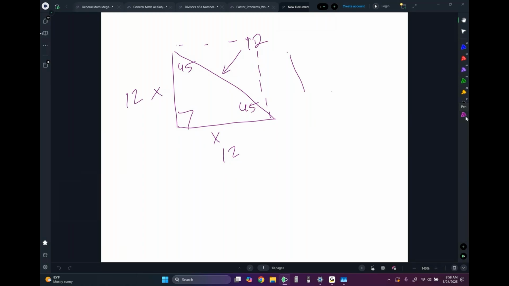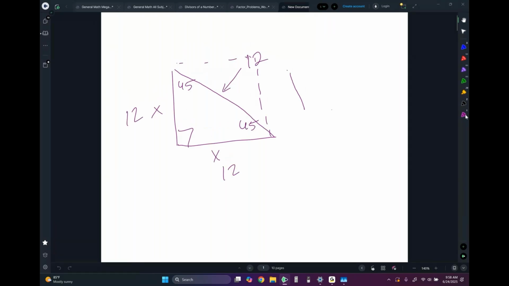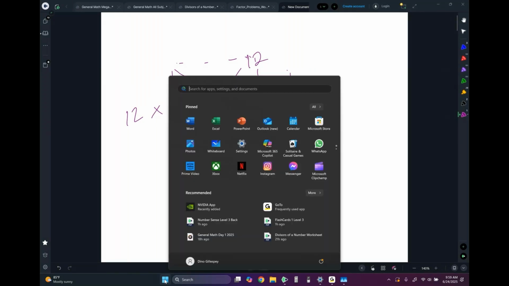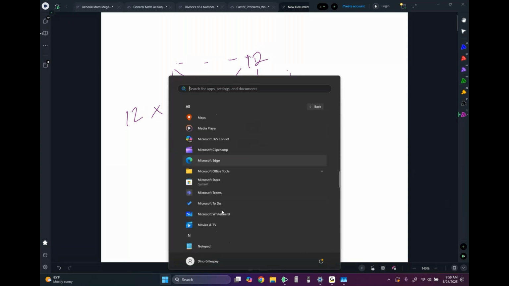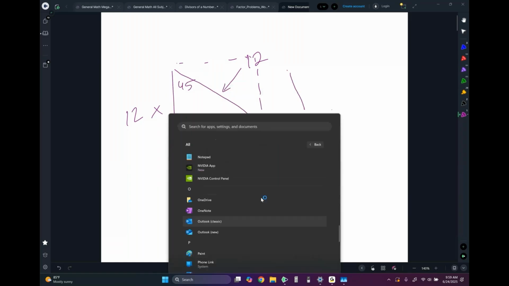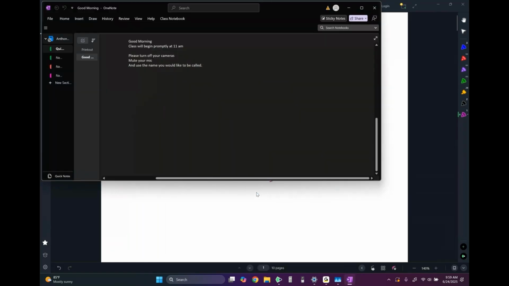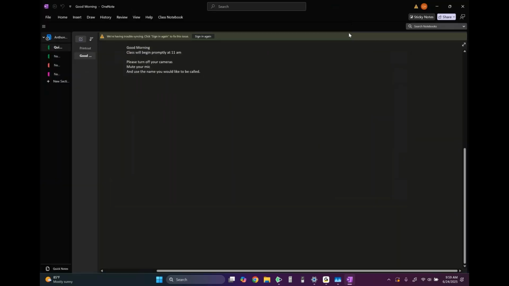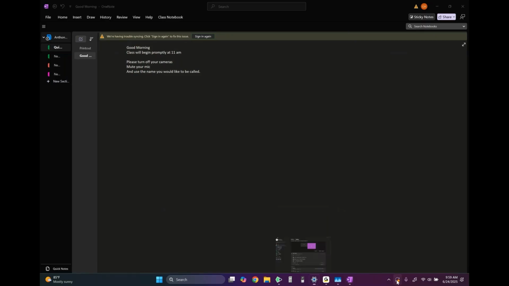What the heck? Okay, I've got to see if my pen's dead or if it's the program. I'm wondering if the battery just died. Wow, it's an update. Oh, that's going to suck.